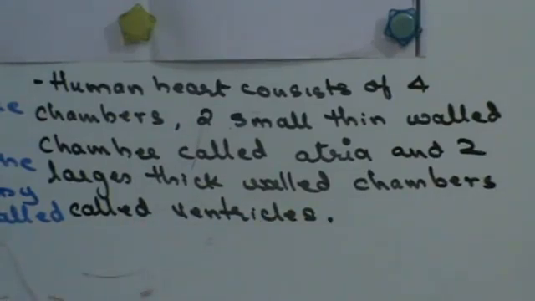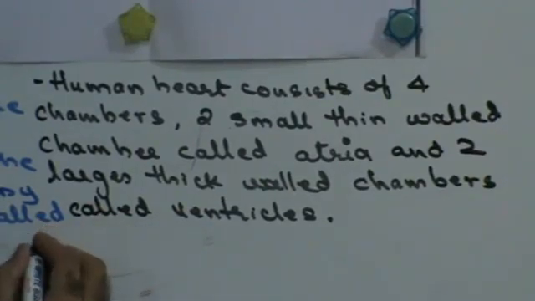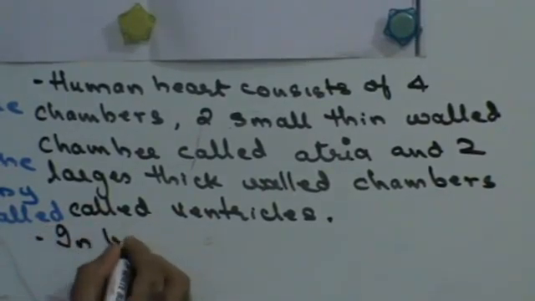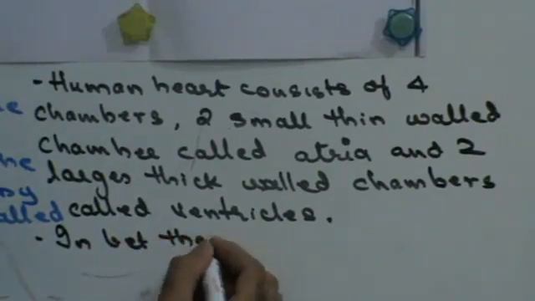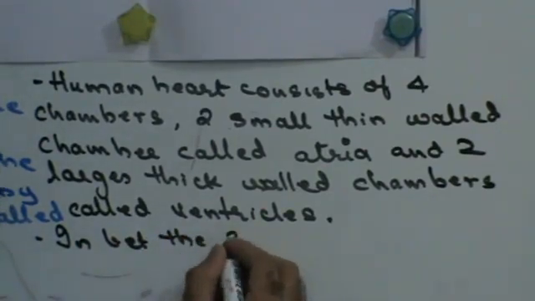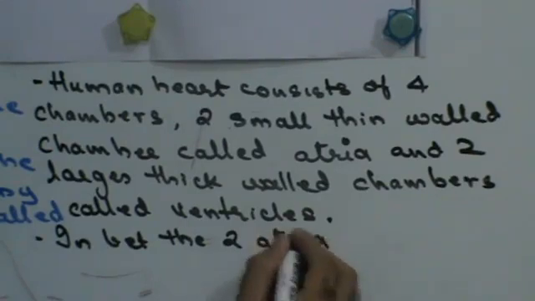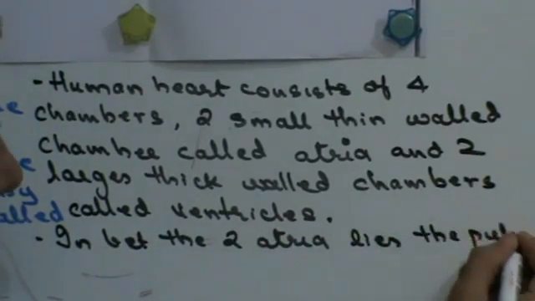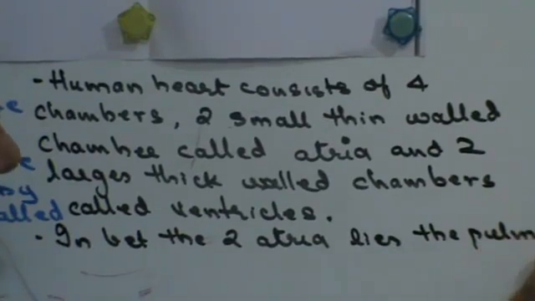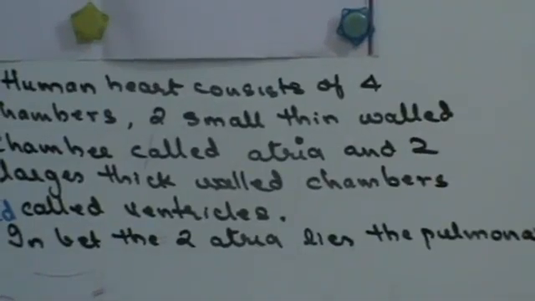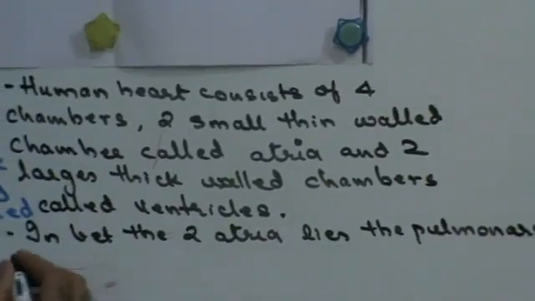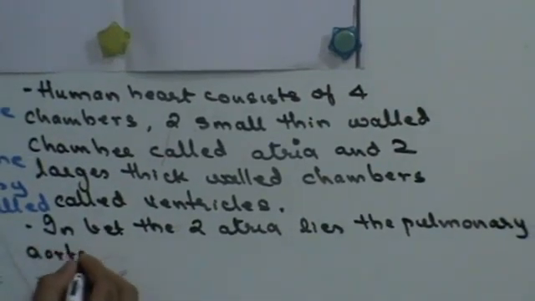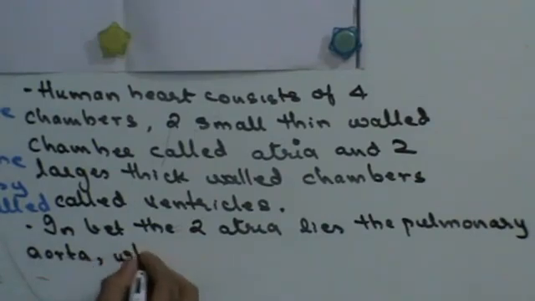Right? Now, in between the 2 atria lies the pulmonary aorta, which arises from the right ventricle.